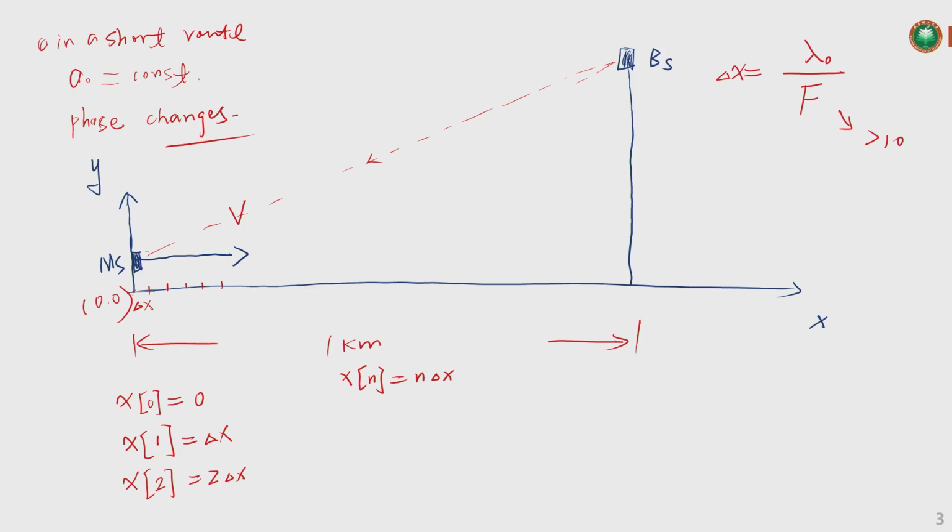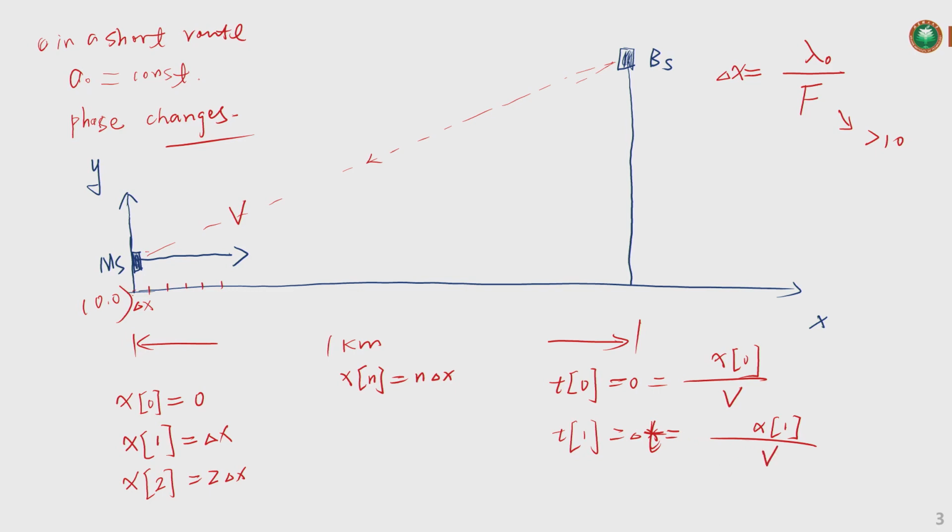This is related to the sampling interval and the minimum increment. In the time domain, t0 should be 0, and it is related to the velocity: delta t equals delta x divided by v.